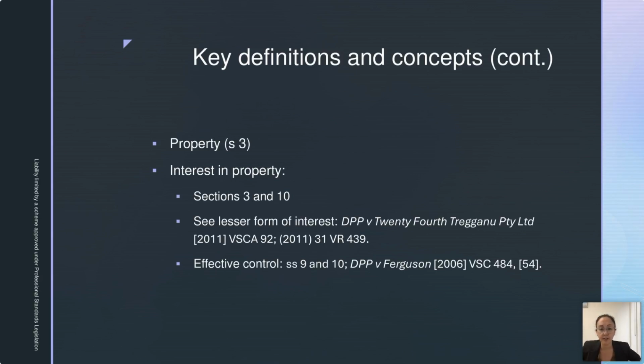I was also recently involved in a case at the end of last year or middle of last year in the Supreme Court against state trustees who were trying to say that their client fell within this lesser form of interest in relation to the provision of funds that ended up being used to purchase a property.